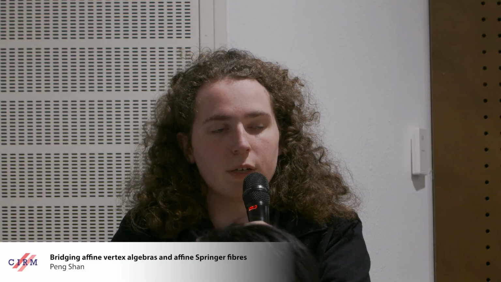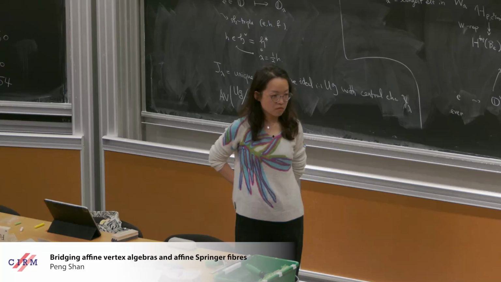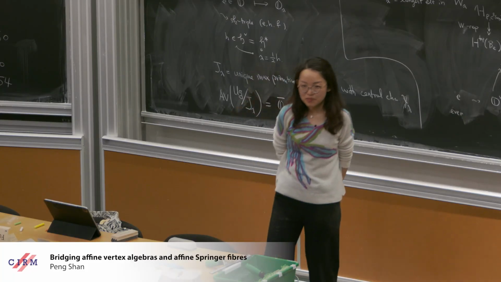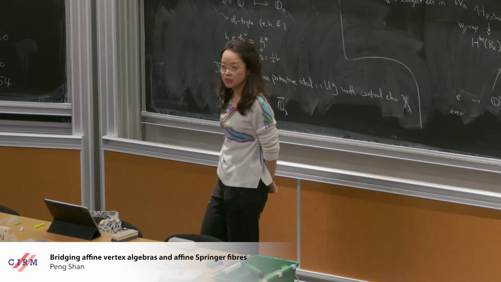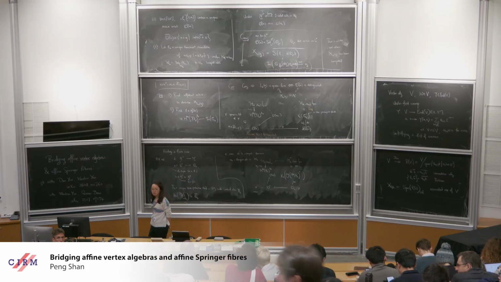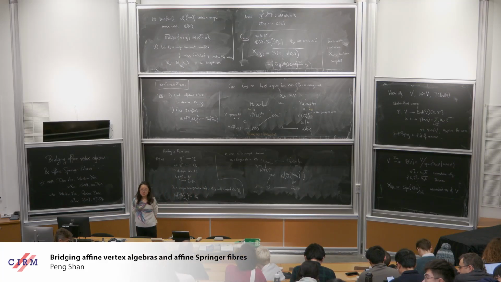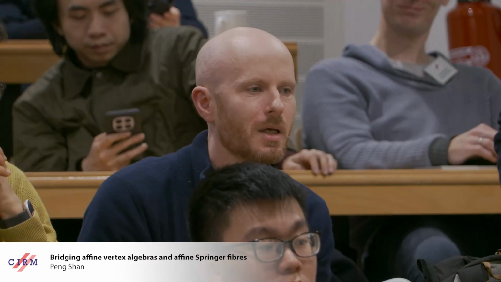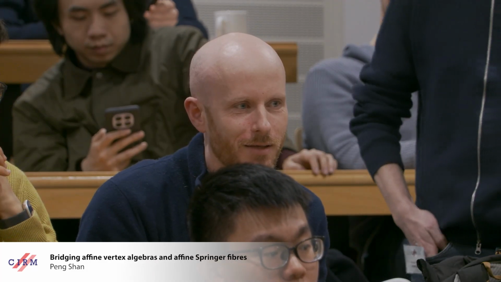Is there a way to nicely describe which G modules you see from this? I don't know. Right, so you had this bijection between these irreducible representations at the boundary admissible levels and these. Is there any hope to get this as some kind of equivalence of categories?